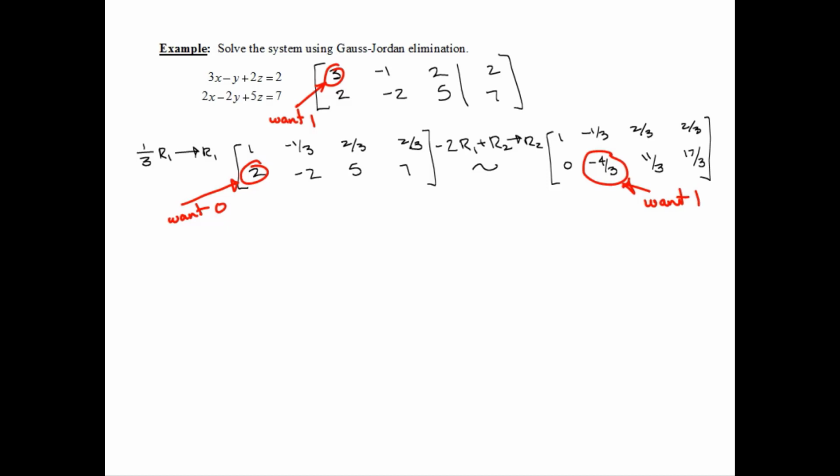So we are going to multiply that row by the reciprocal of that number, which will be -3/4. So -3/4 row 2 into row 2. So that'll give me for row 2 0, 1, -11/4, -17/4. My first row stays the same.